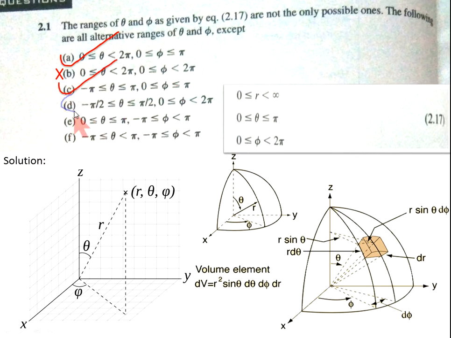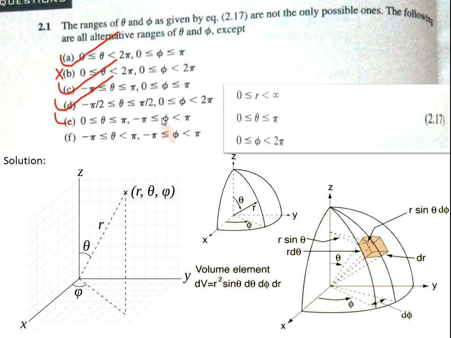Now here D. Here theta varies from minus pi by 2 to pi by 2. It means its range is not 2 pi, and phi varies from 0 to 2 pi, so it is correct. Now E. Here theta varies from 0 to pi and phi varies from minus pi to pi, so the whole range of phi is 2 pi.